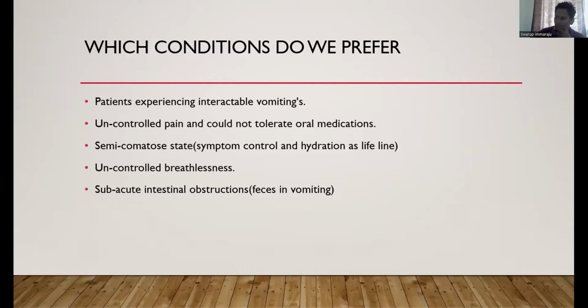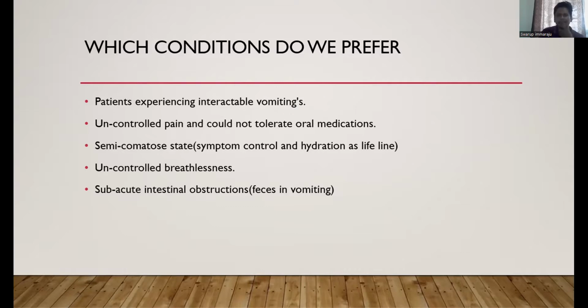Okay, so in which condition do you think the subcutaneous route is to be preferred? Patients who are experiencing intractable vomiting, who have a lot of vomiting and are spitting out all the time. Regurgitation, patients at the end of life, or any kind of subacute intestinal obstruction might develop more vomiting.